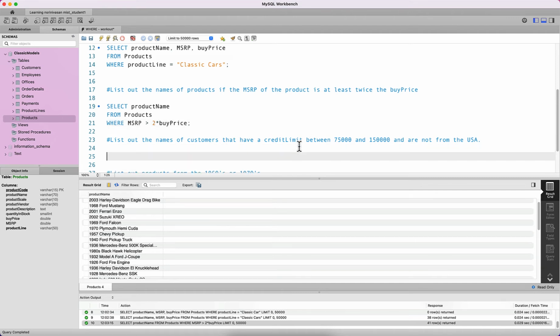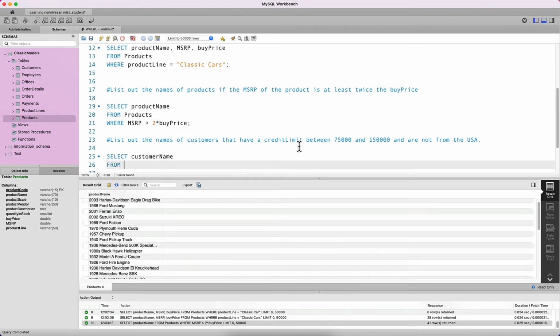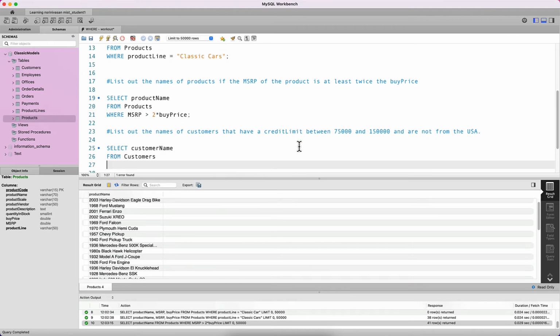In this case, you are asked to list out the names of customers that have a credit limit between 75 and 150,000 and are not from the USA. This is going to be select customer name from customers where the credit limit of the customer is between 75 and 150.